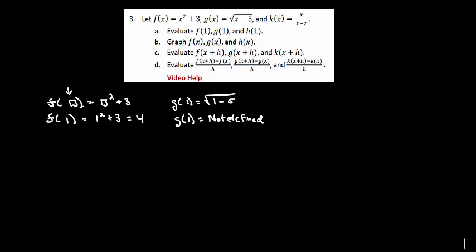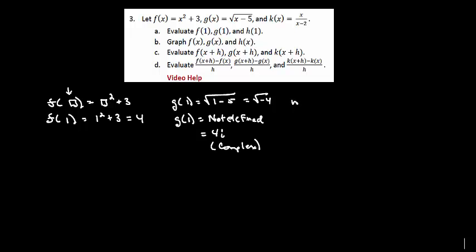There is no real number that's equal to the square root of negative 4. If you want to write this as 4i in the complex plane, the complex set of numbers, that's fine. You can. But if we're talking about just the real numbers, not defined.